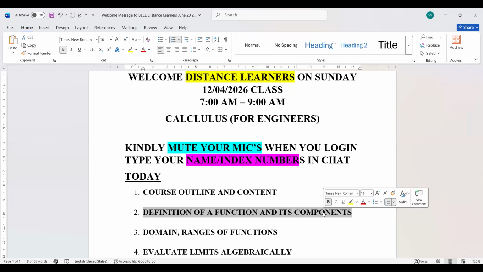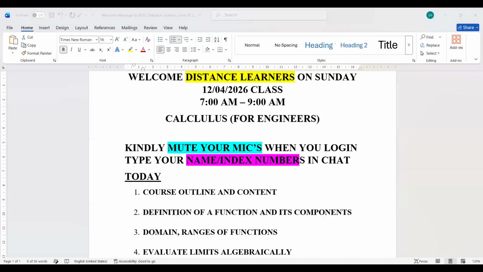So we're going to spend time on that, and then we'll end with some exercises. I'm still dividing the PowerPoint, so the PowerPoint I have is not in the format which I want, but we will manage with that for the meantime.